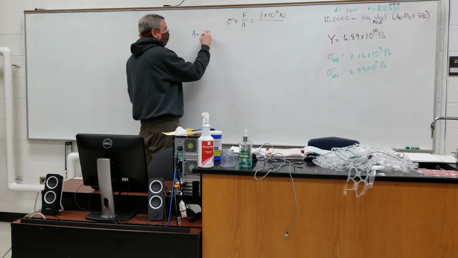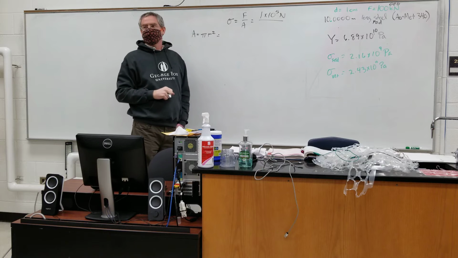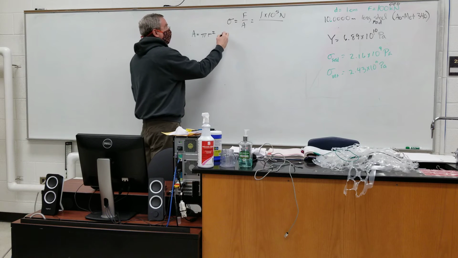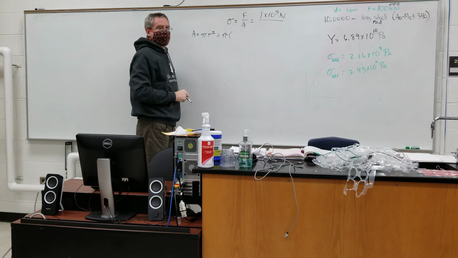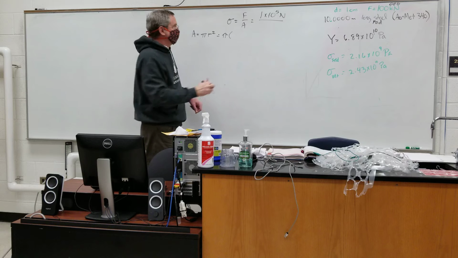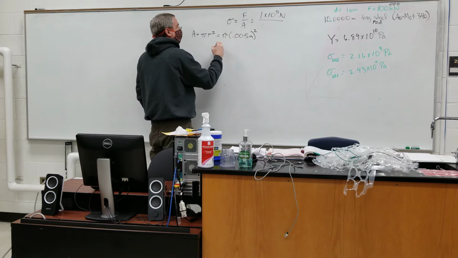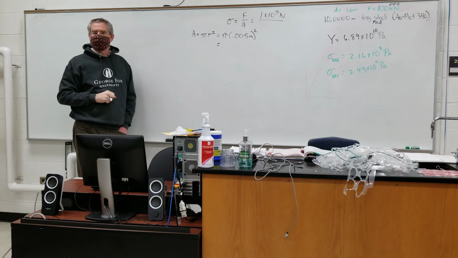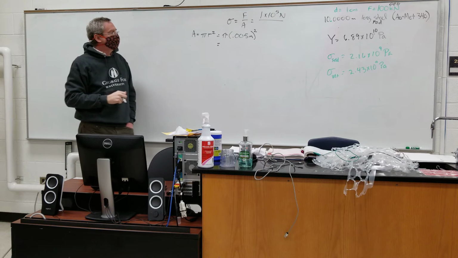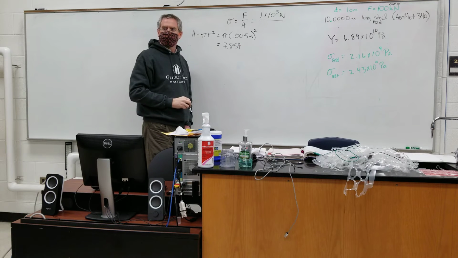Thank you for the clarification there. Yeah, cross-sectional area, definitely not surface area. That's pi times what's my radius? 3.14, or 0.005 meters. 7.854 meters squared for the cross-sectional area.